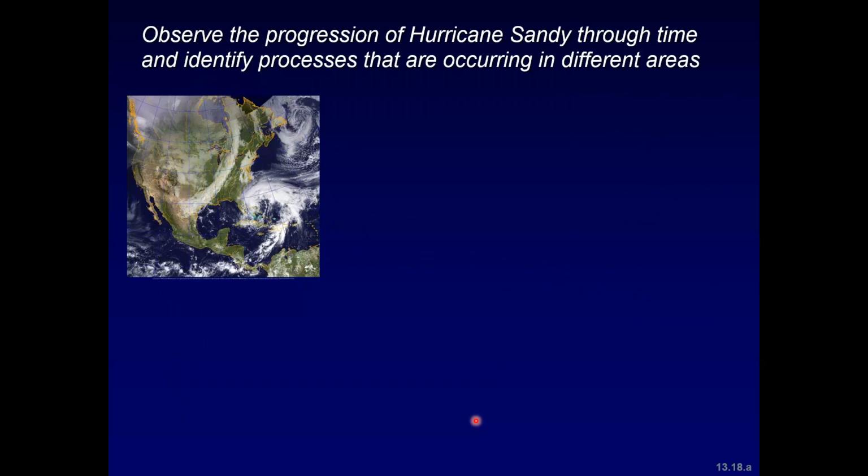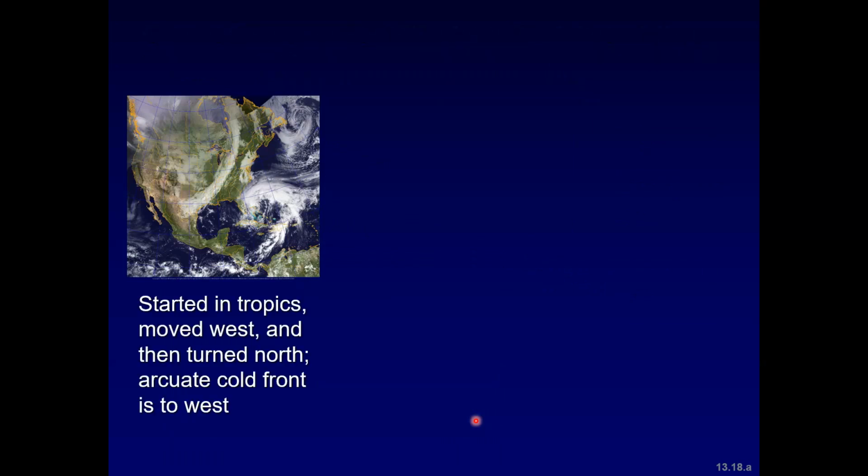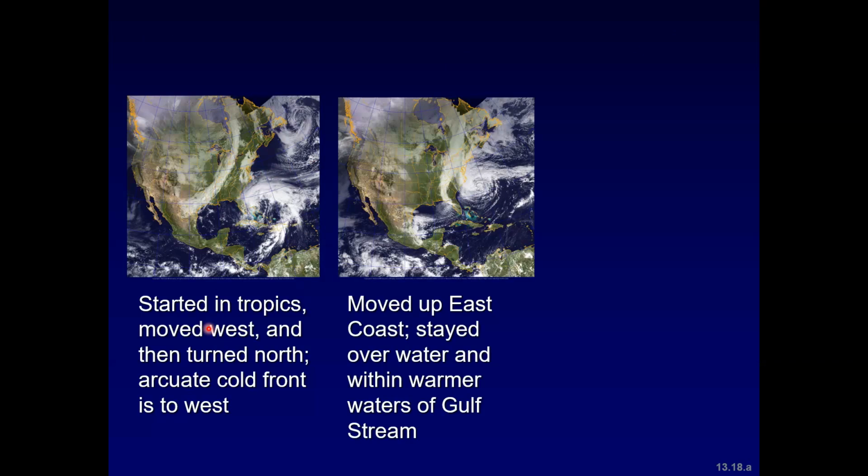We can observe the progression of Hurricane Sandy through time and identify processes that are occurring in different areas. So it started in the tropics, moved west, and then turned north. And then it had that cold front to the west, the arcuate cold front. It moved up the east coast. It stayed over water and within warmer waters of the Gulf Stream, which is kind of right about here.